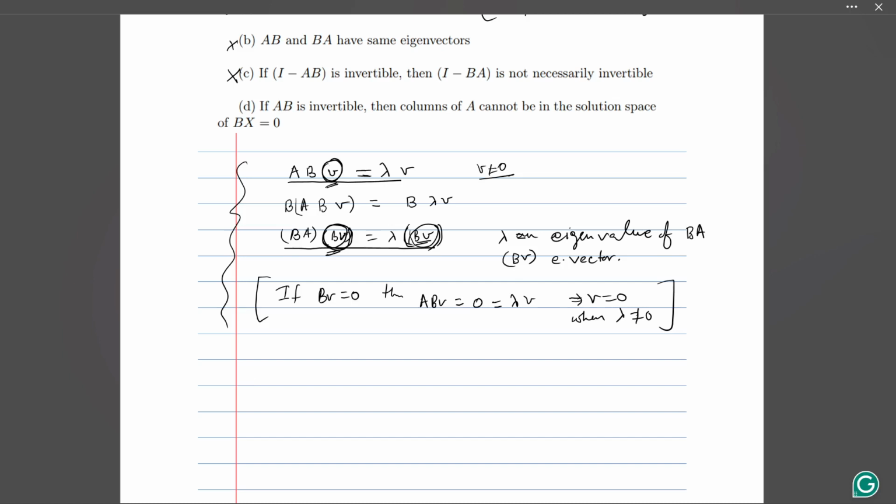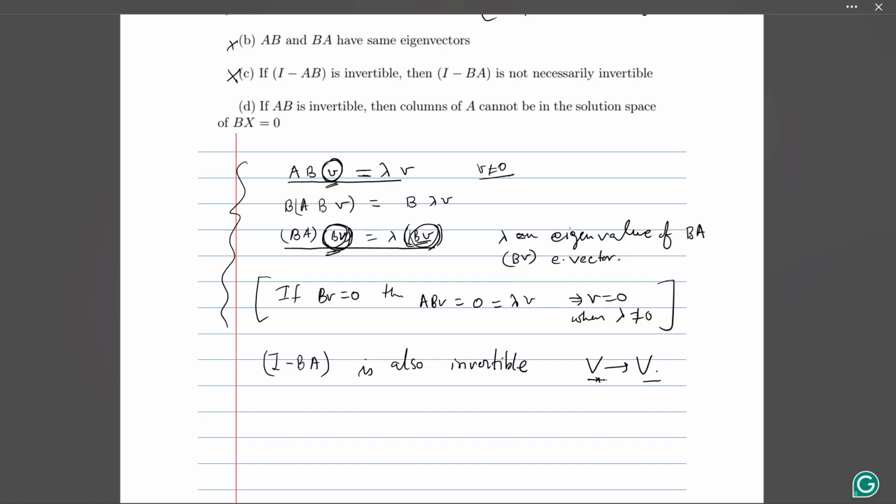So let's see, I'm claiming that I minus BA is also invertible. And what are A and B? They are n cross n matrices, so they are just representing linear transformations from the same V to the same V, meaning no dimension difference.